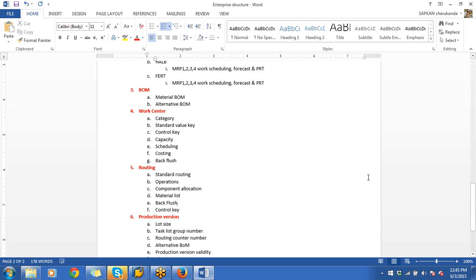Remember, if you haven't loaded your data with LSMW, all the materials, input components, raw materials, finished materials, semi-finished materials, operating supplies, MRO items, trading goods, everything, you cannot create a BOM. If you try, you'll get a message that the material doesn't exist because they're not loaded.